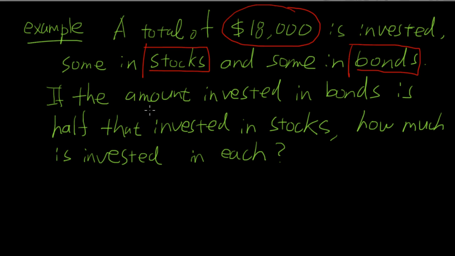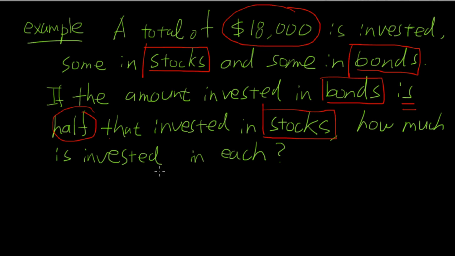And we have this clue here. The amount invested in bond is half that invested in stock. It's half of stock, right? So I think that's the key sentence.